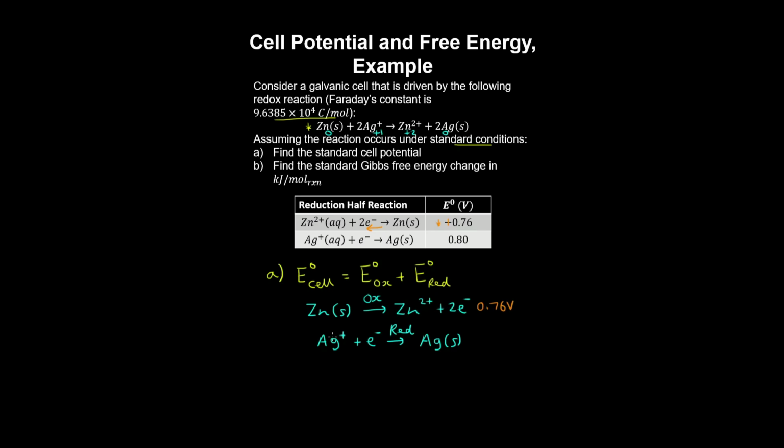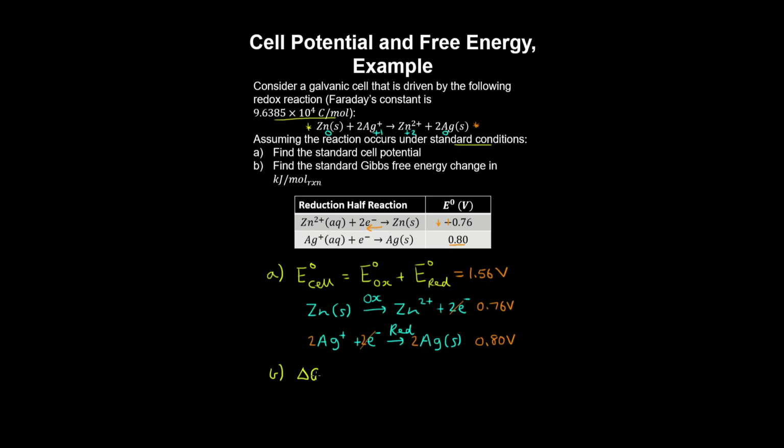And for the reduction half reaction, we'd multiply it by 2, so the electrons cancel to get the total redox reaction, but we don't multiply the potential by 2 because it's an intensive property. So therefore, if we sum these together, we get a cell potential of 1.56 volts.